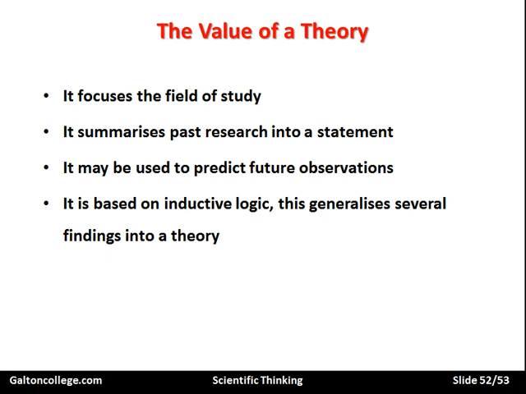In this session I've talked about many different but important terms when we talk about scientific thinking. In business and in the social sciences, although many researchers try to copy what happens in the natural sciences, it's difficult because we're dealing with people, and people are not that predictable. We don't like to be predictable for a start.